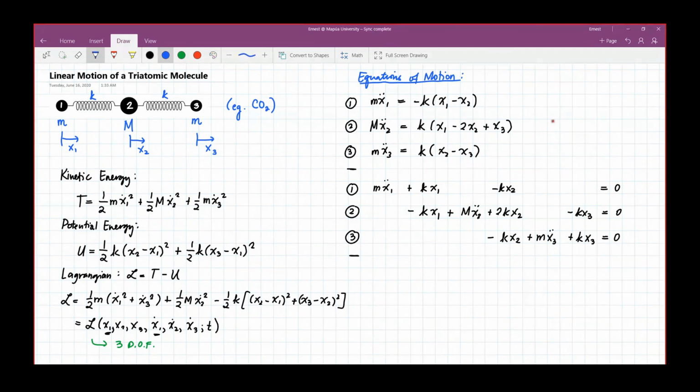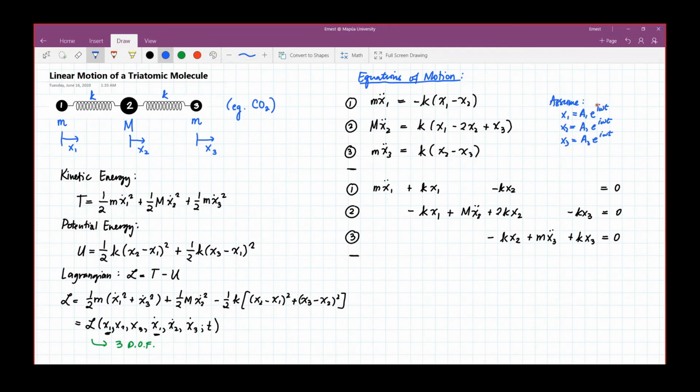Now, for example, if we assume an oscillating solution given by x1 equals a1 e to the i omega t, x2 as a2 e to the i omega t, and x3 as a3 e to the i omega t, that means x1 double dot is negative omega squared a1 e to the i omega t.